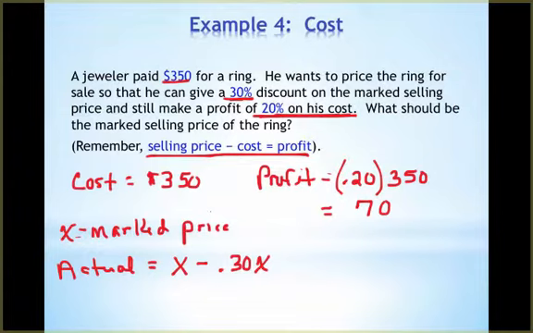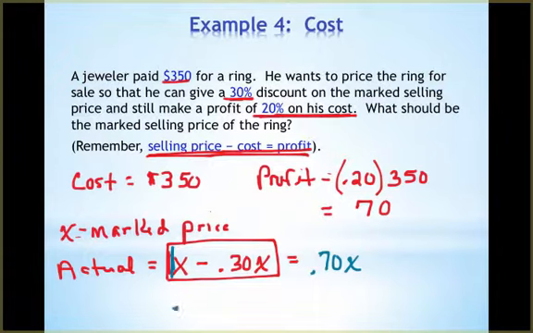And that's how we're going to figure out his actual price. So when I use this, selling price minus cost equals profit, this is what I want to use for my selling price. So if I take X minus 0.30X, think of that as 1X, minus 0.30x, and when I do, that's going to give me 0.70x.